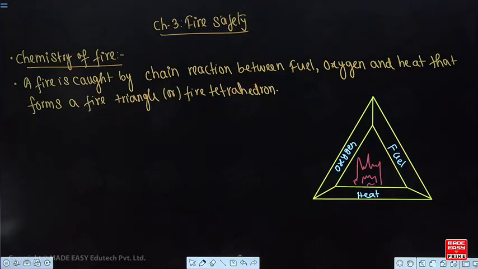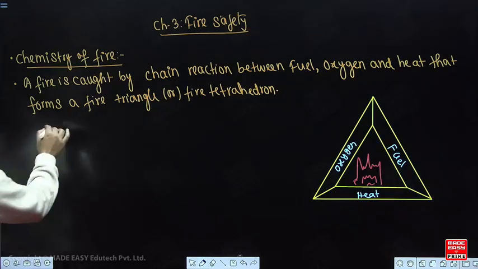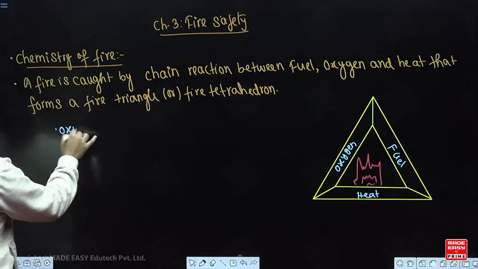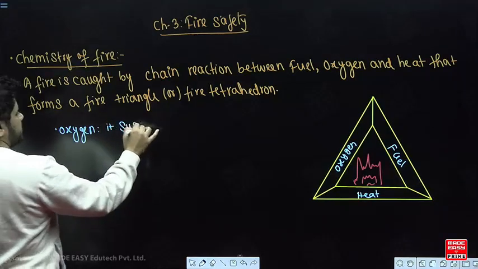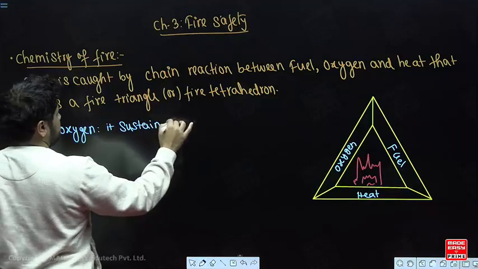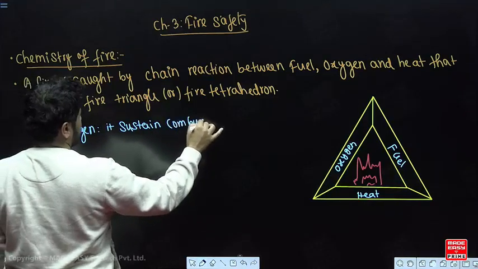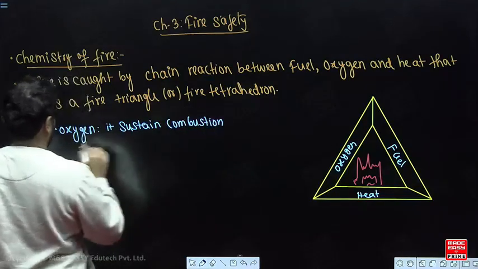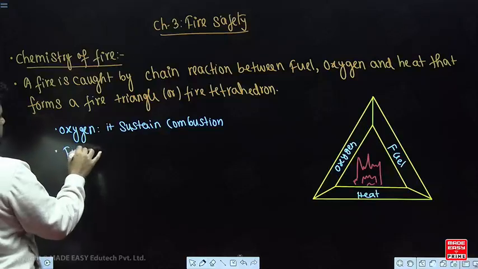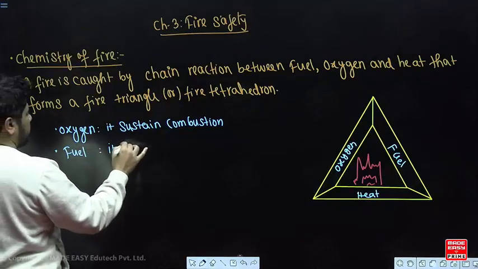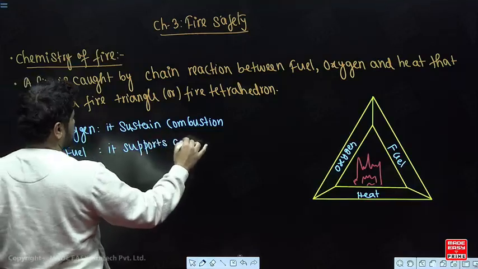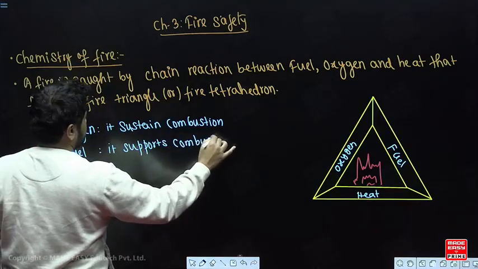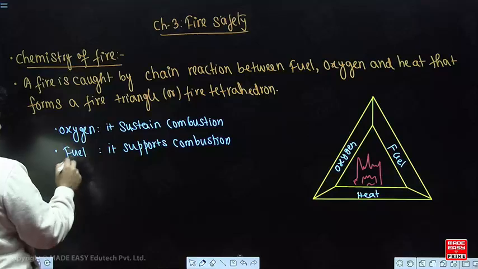Now what is the role of oxygen here? Oxygen, it sustains combustion, correct. Then what is the role of fuel? It supports combustion, correct. Then what is the role of heat?